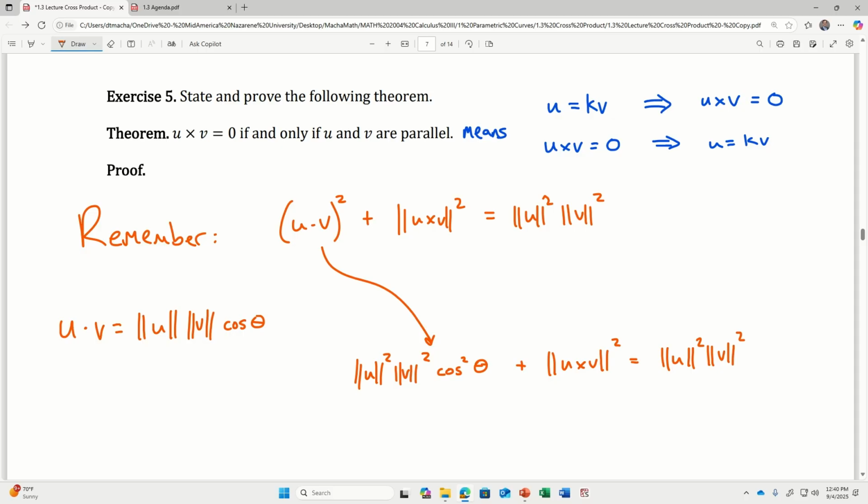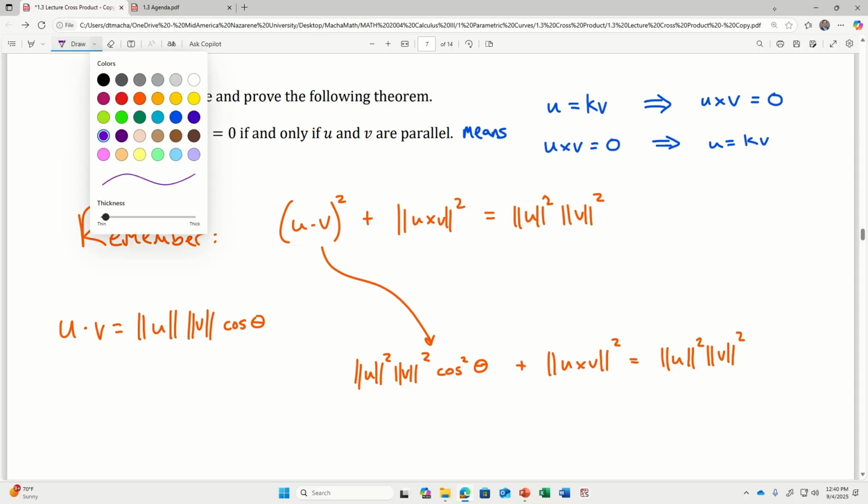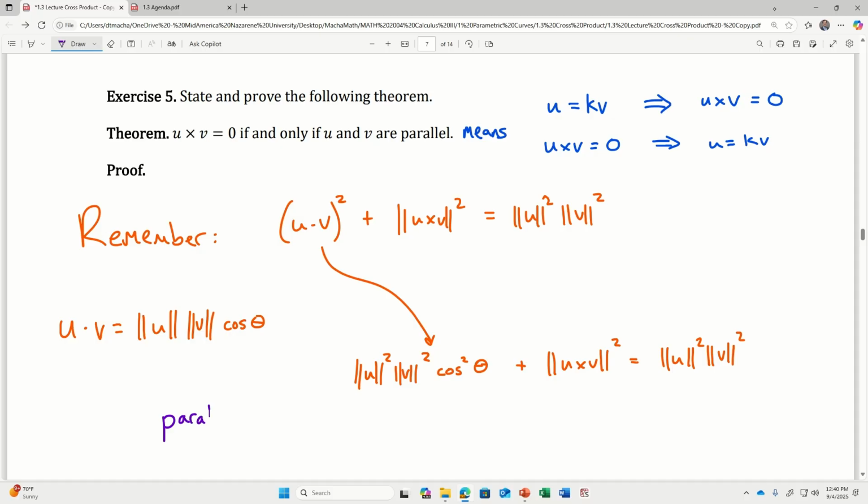So parallel vectors means theta is 0. And then cosine of 0 is what? 1. And that means cosine squared of 0 is 1 squared, so it's 1. And then I don't have to worry about that.